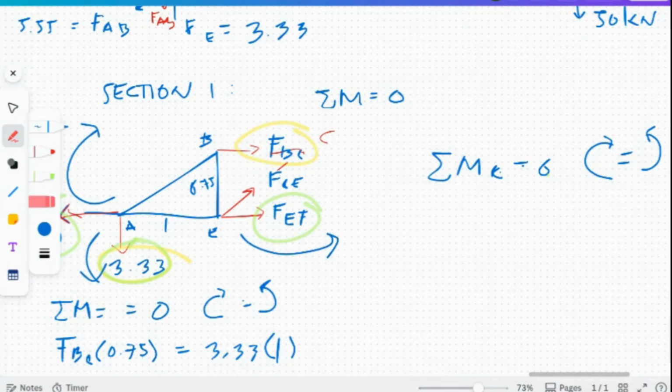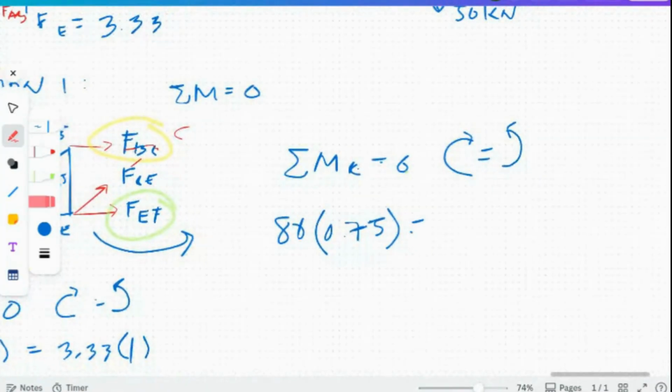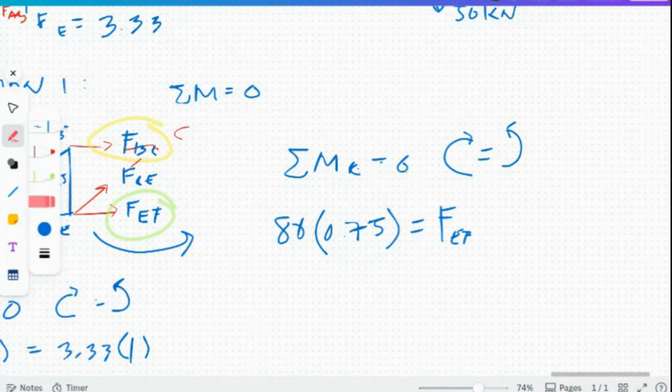So we can build our equation now. Clockwise is AD times 0.75. Then counterclockwise is your EF times 0.75.